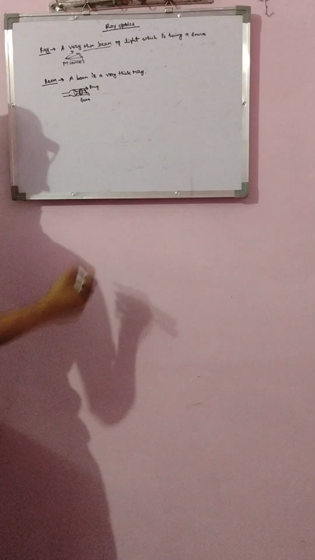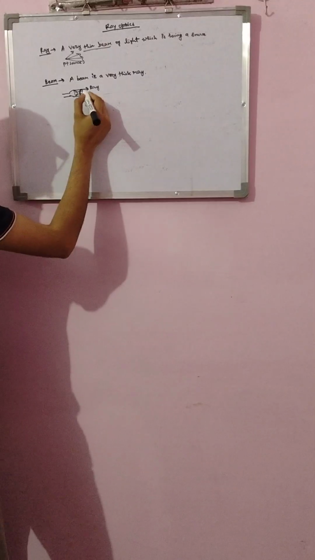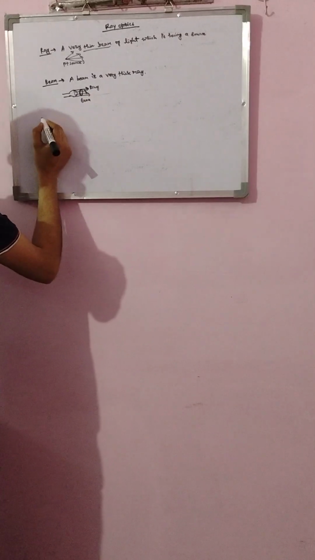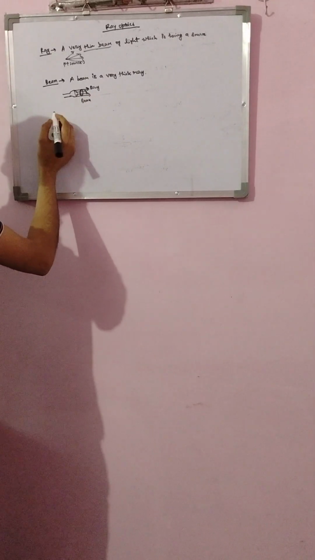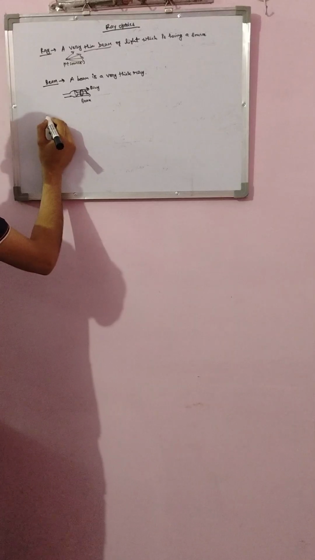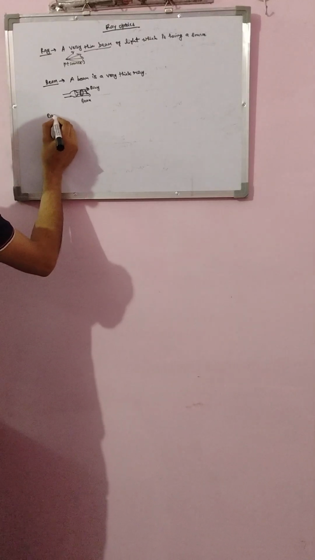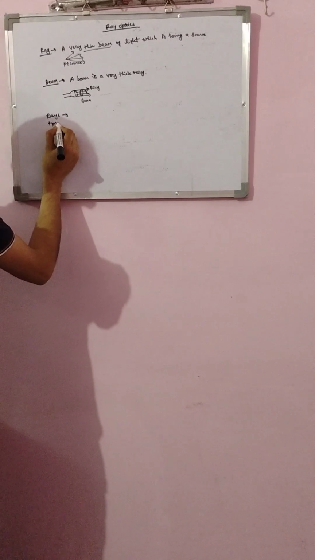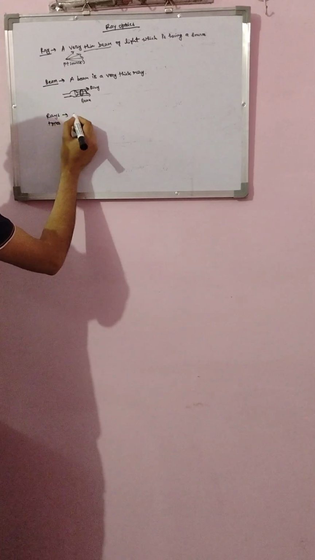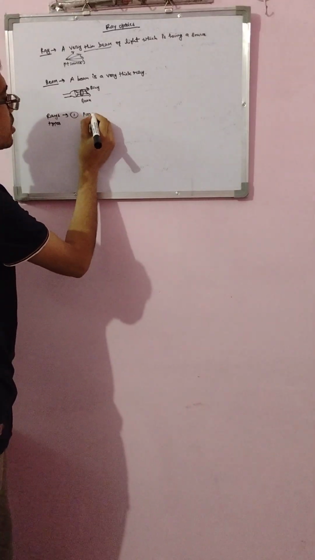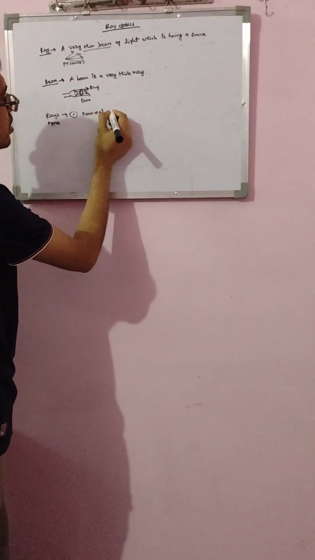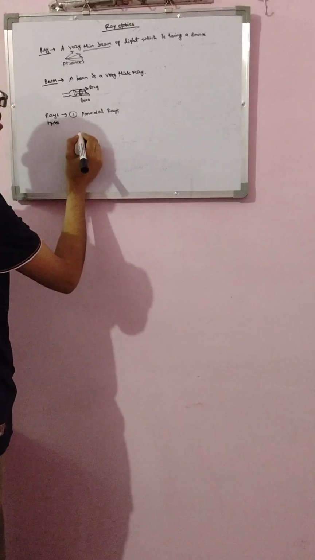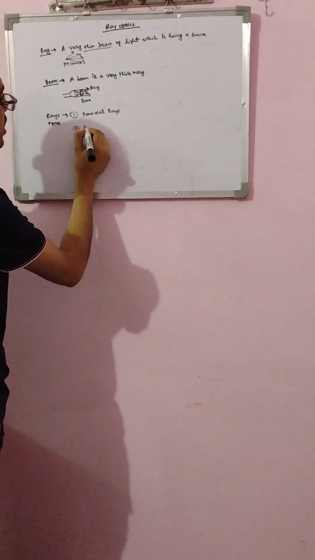So if we look at the types of rays, there are basically two types. One is paraxial rays, and the second one is marginal rays.